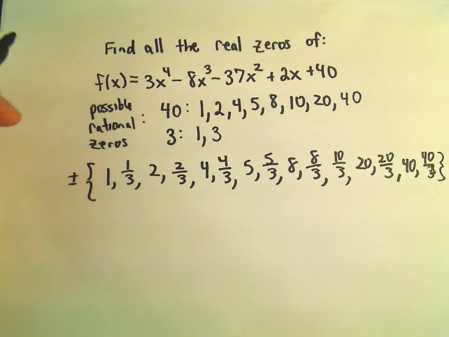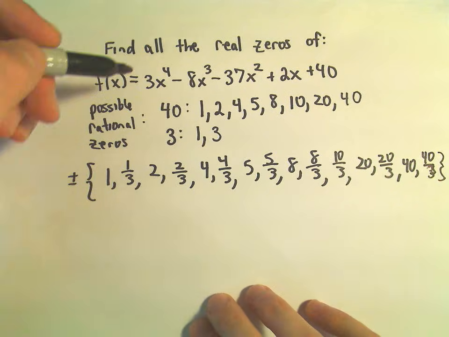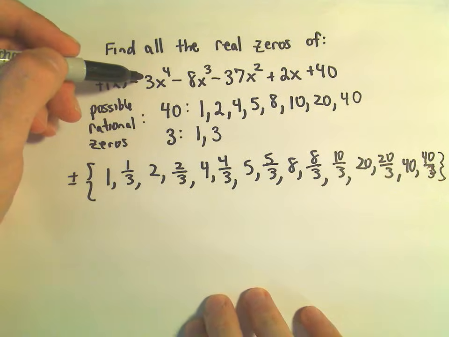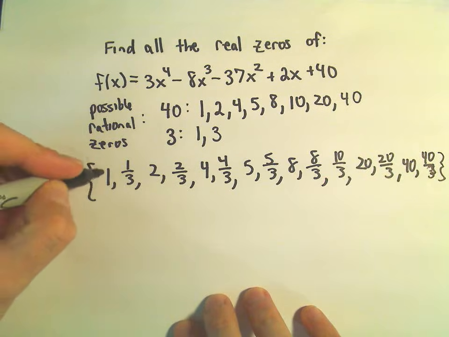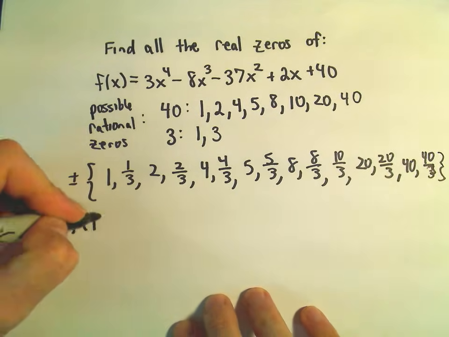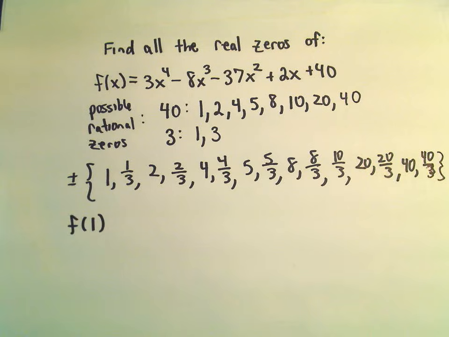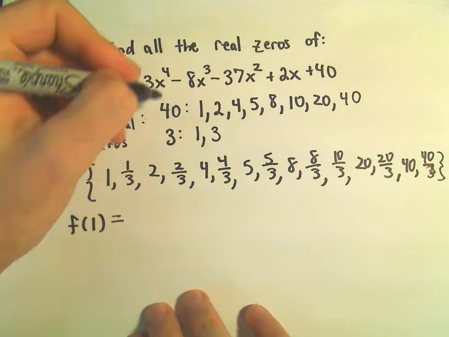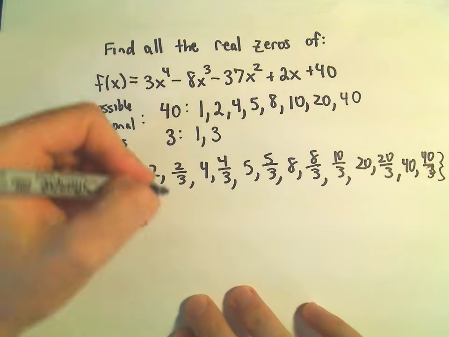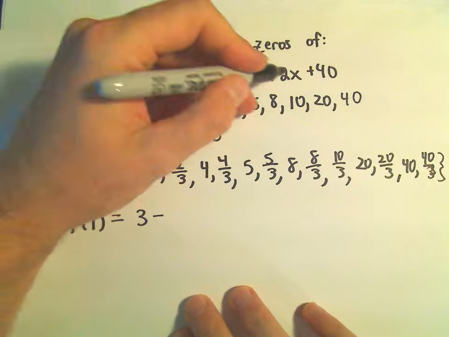Now I'm going to use the remainder theorem, because if we plug one of these numbers in and get 0 out, that means it's a factor. I'll start with the easiest one and plug 1 in. If you plug 1 in for x, we just get 1 for every power.